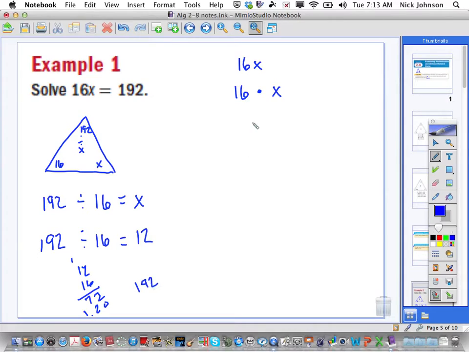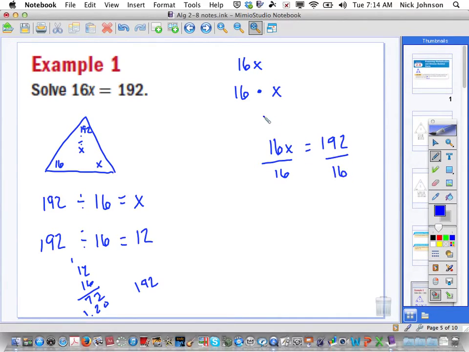Now, how would you do this the algebra way? And this is the way that we're going to be doing things. I need to get x by itself. So what I'm going to say is the inverse operation of multiplying by 16, because I want x to stay here, the inverse of multiplying by 16 is dividing by 16.